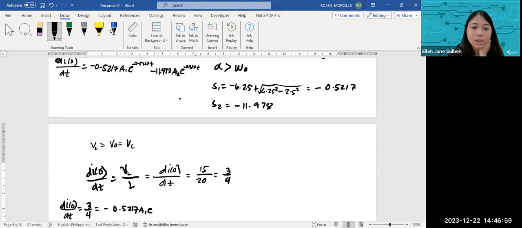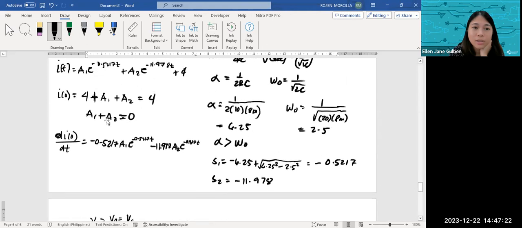Oh, this one becomes 0, so this is already 1. e to the 0 is 1. Minus 11.978 A2. So this is our second equation.